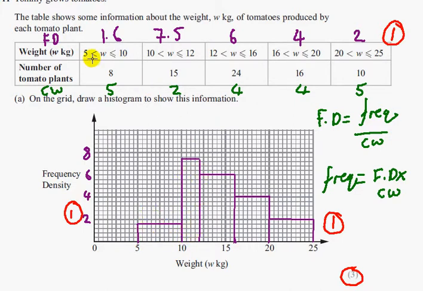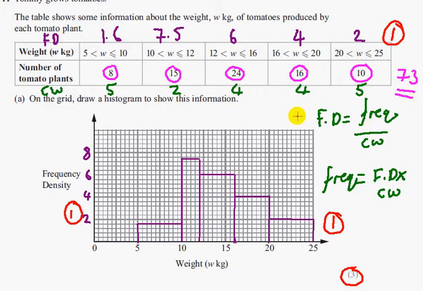Let's see how many tomato plants there are in total: 8, add 15, add 24, add 16, add 10 is 73. So all of these bars added together, the area represents 73 tomato plants.